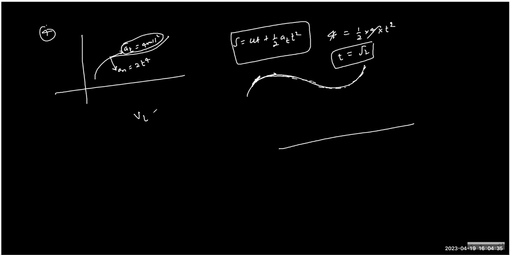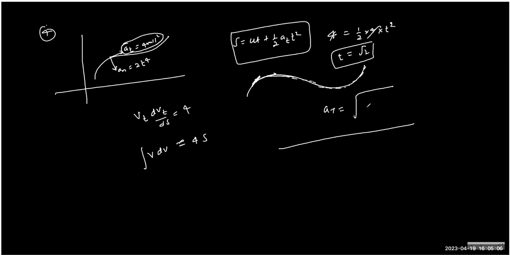V tangential by ds equals 4. So the tangential velocity at any single point, how much? The tangential is V only. So we can do that here also. Because we got the t value, the total acceleration, how much?